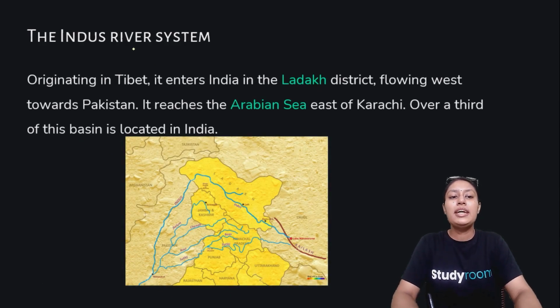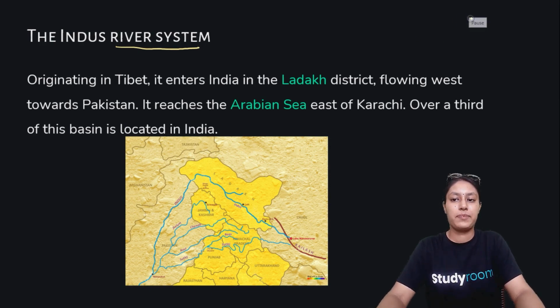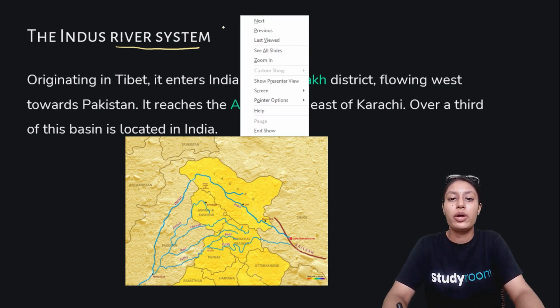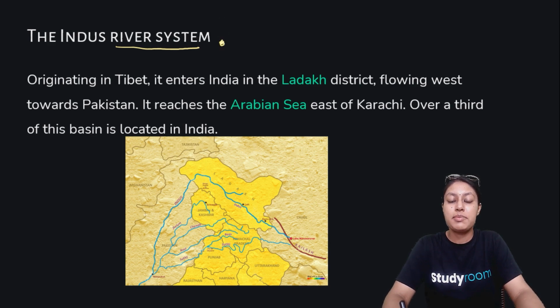Now, Indus River system. River system is a new word here, so let's put a little more light on it. A river system is nothing but the system followed by a river. For example, Indus originates from Tibet, from Mansarovar Lake, and reaches the Arabian Sea.